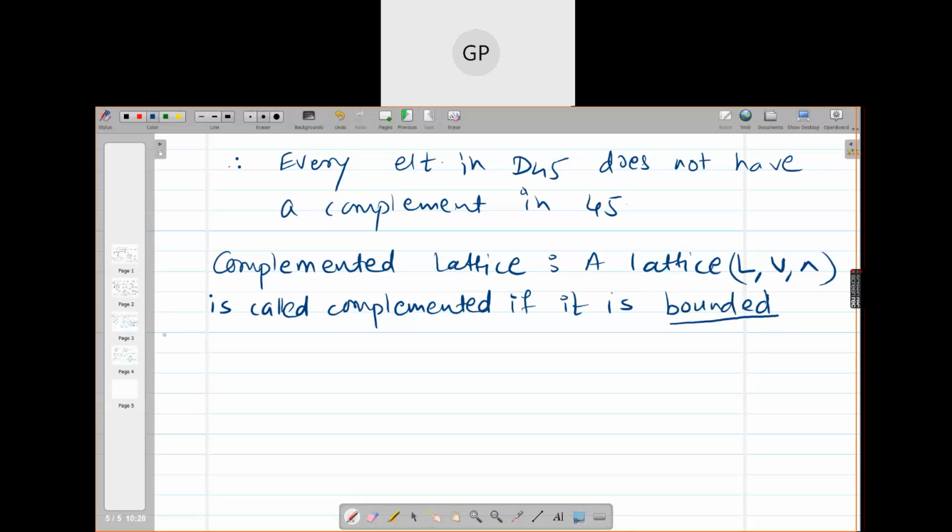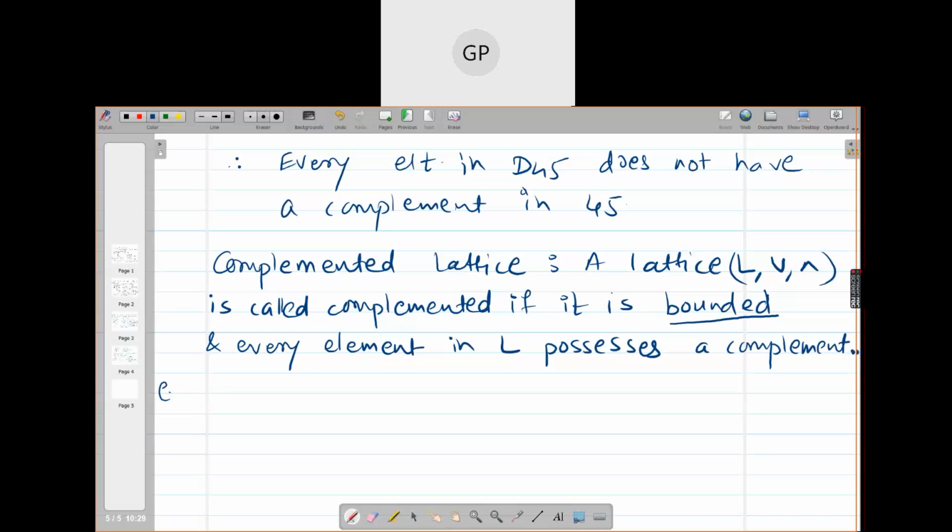It is bounded and every element in L possesses a complement. Every element in L possesses a complement.